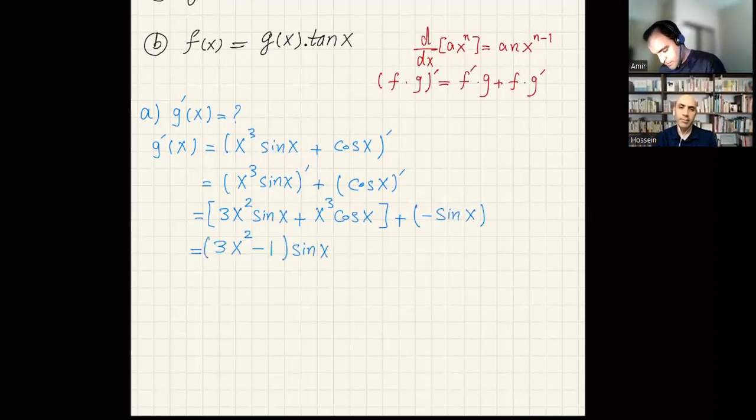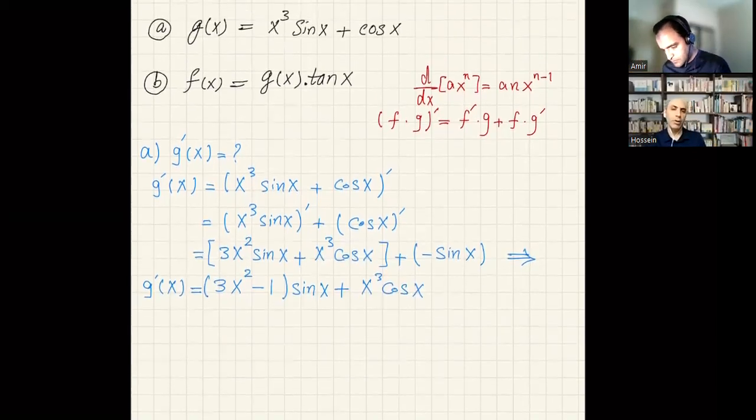So I consider this one and this one, plus x cubed cosine of x. Okay, great. I can write it like that. So okay, yeah, this is the answer. Let's do the second one.